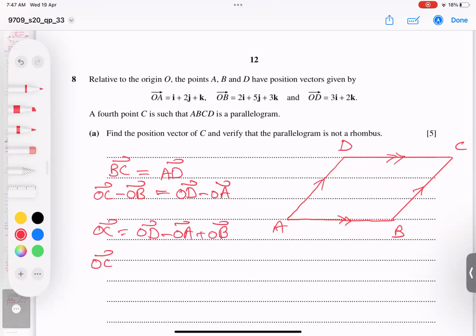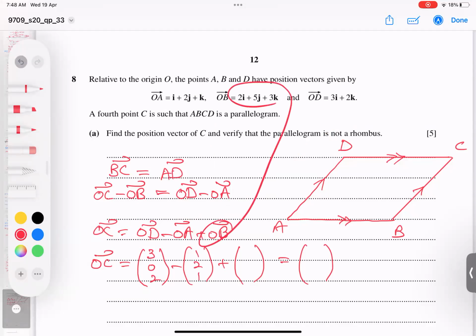Now, because OC is a position vector, whenever the words position vector come, it will start from O: OD, OA, and OB. And here I will write my answer. So let's see, when I plug in, the OD value comes from there. J is not there, so 3, 0, 2, and A is 1, 2, 1, OB is 2, 5, 3. So 3 minus 1 plus 2.